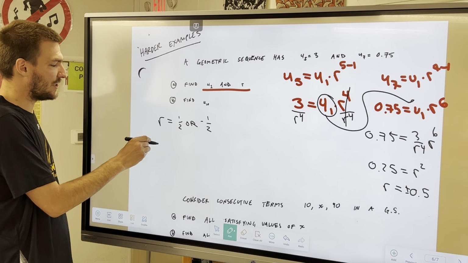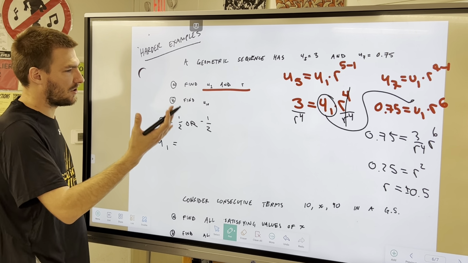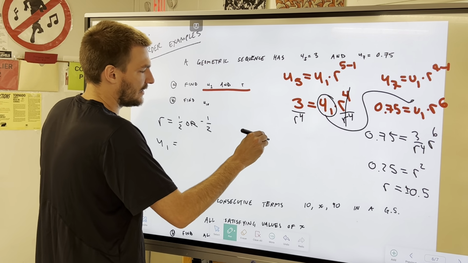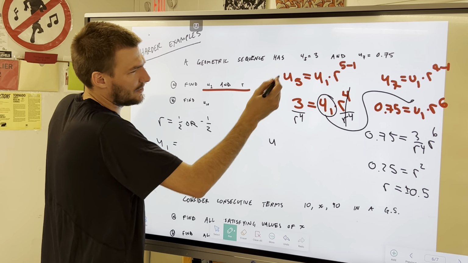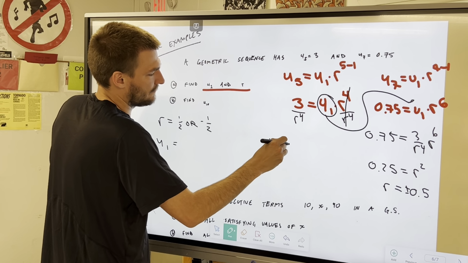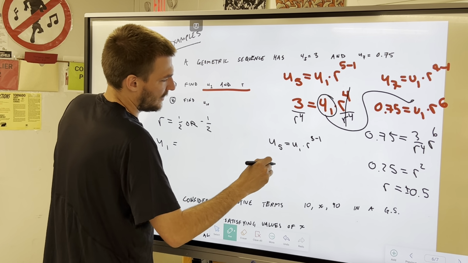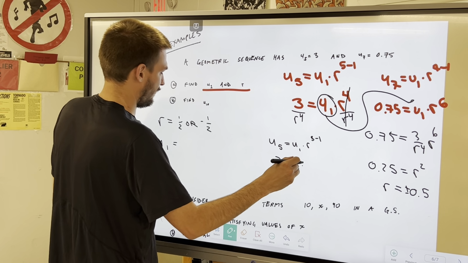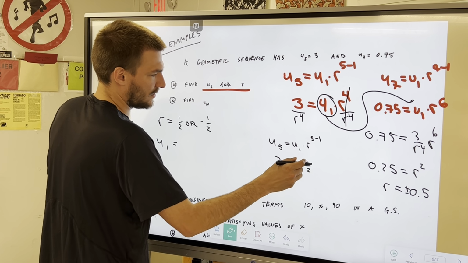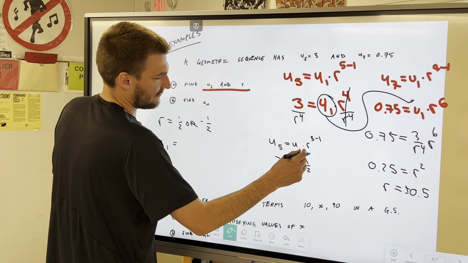We do need to find U1, and so we can use our general formula. We can use either one, the 5 or the 7. I'll probably use the 5 here. 3 is equal to U sub 1 times the ratio. We can choose either one. Actually, we'll need to find both, but it's easy to find both.